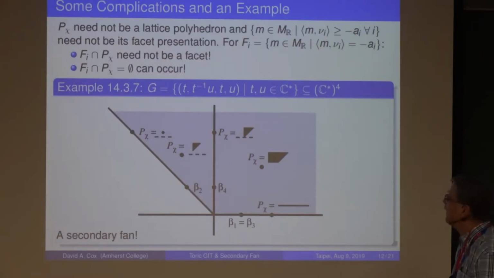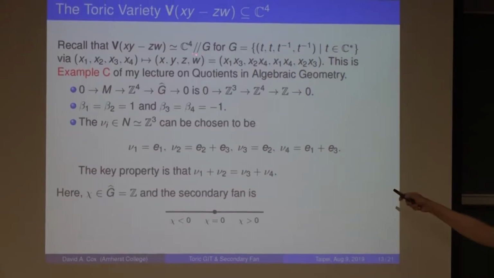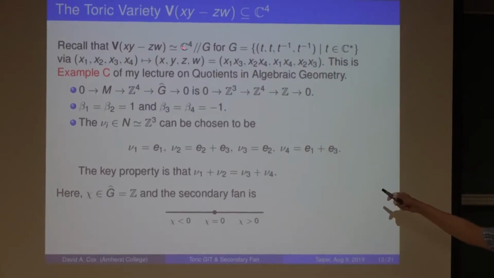So now let's go back to our favorite toric variety. We saw this on the very first lecture. And then when I talked about the quotient construction, we saw that I could also do this as a quotient construction, and here this was definitely a good categorical quotient.